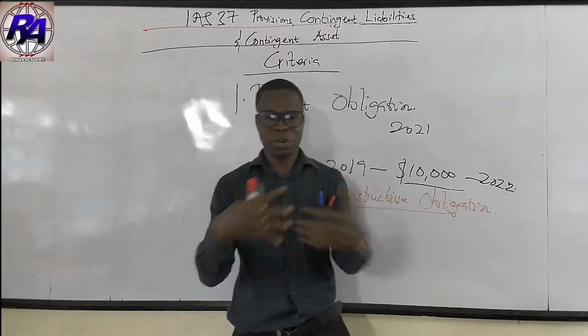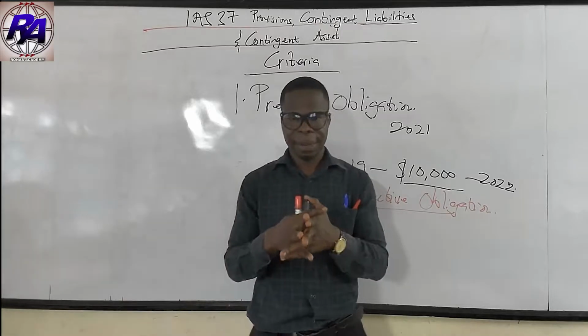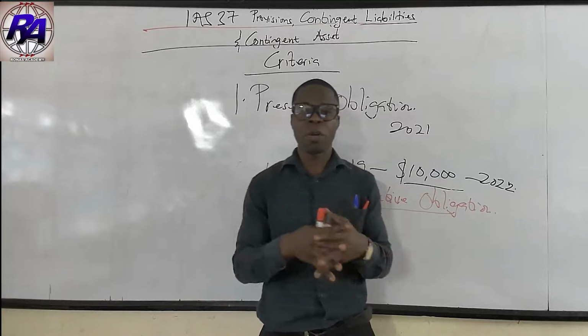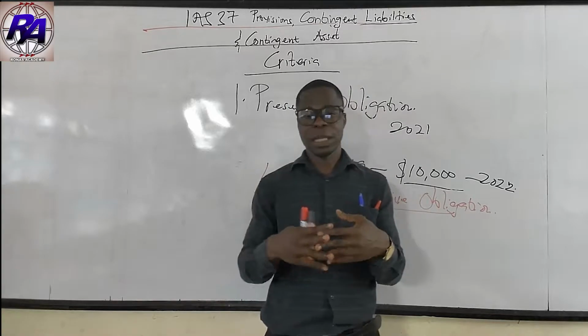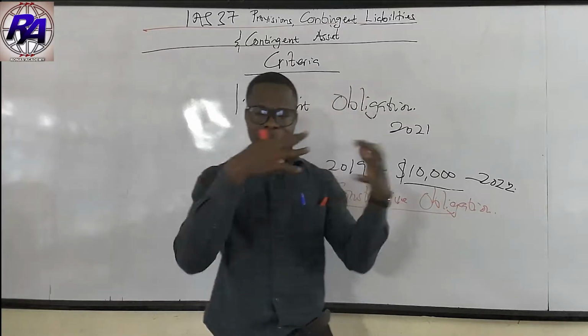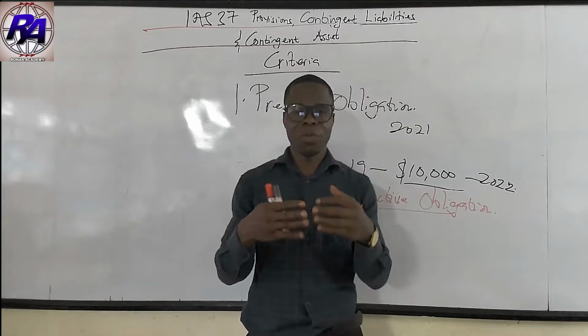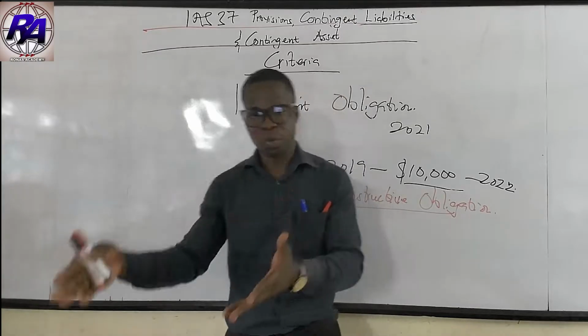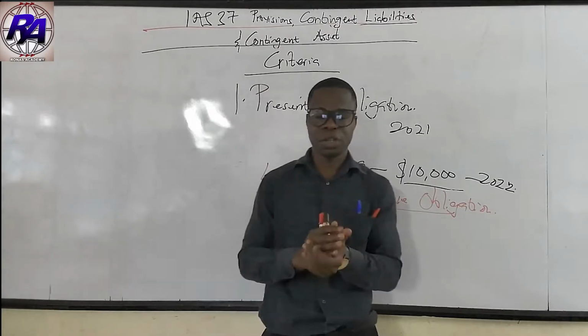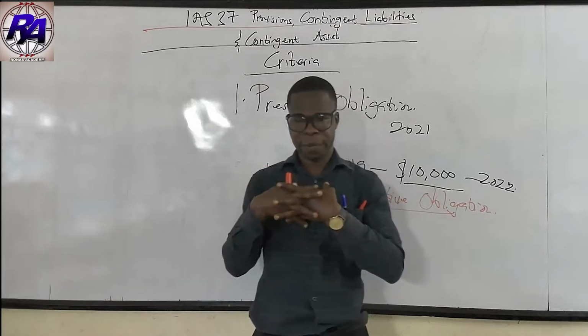You enter into a contract with 2 or more parties. It's not necessarily that you know your party, because sometimes you'll be dealing with a group or an entity which has the legal entity principle. So the obligation must always involve 2 or more parties, and it does not necessarily mean that you should know the party involved.